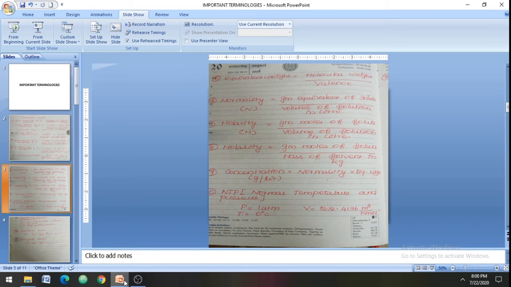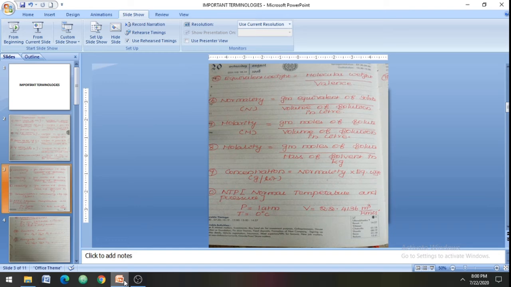Whereas molality is defined as the ratio between gram moles of the solute to mass of the solvent in kg. In this case, you see the molarity and molality: the numerator is the same, the denominator is different.